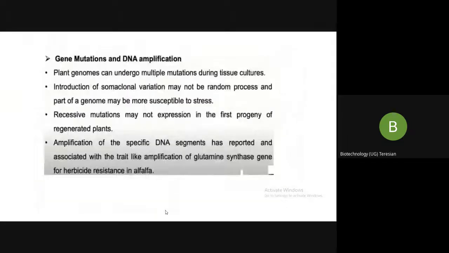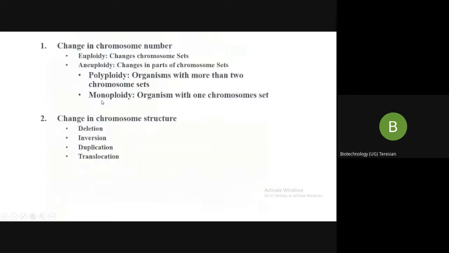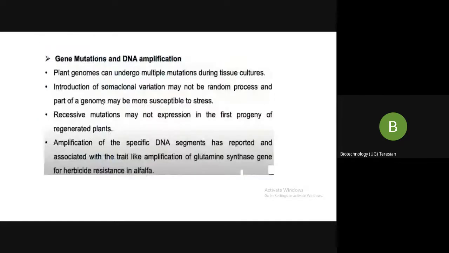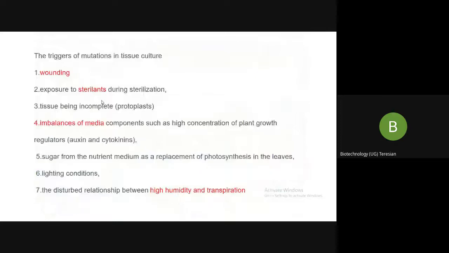Here you see, chromosomal number changes, gene mutation can occur, DNA amplification, hypermethylation, transposable elements. All these are genetic causes which are related directly to your gene. But if it is not beneficial, then that is the biggest question mark.